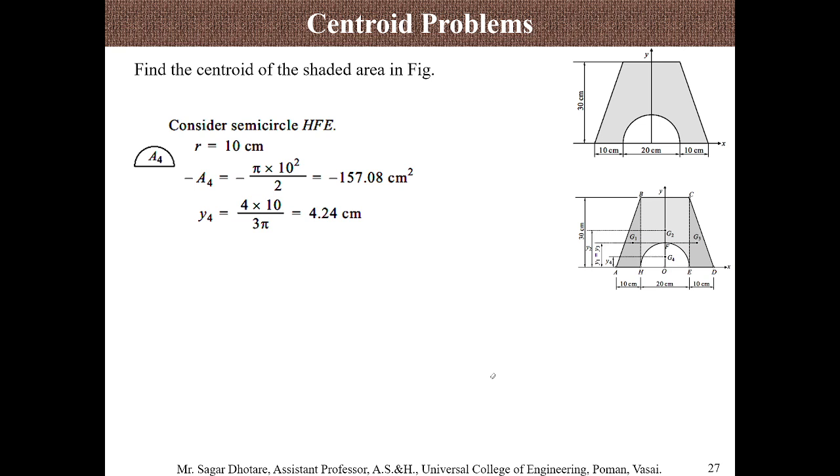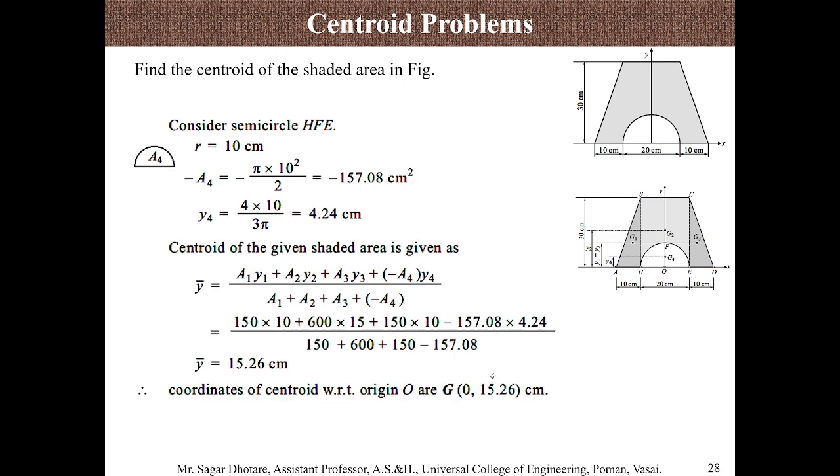Based on this we find the area. Here the area is negative because we need to subtract the semicircle area from the rectangle, and we need to add the triangles to the rectangle so that we can achieve the exact shape given in the figure.